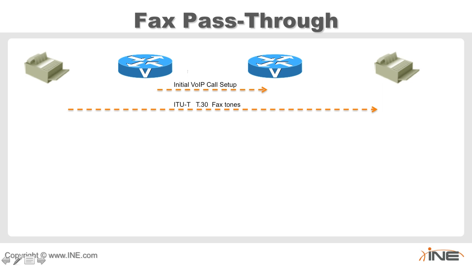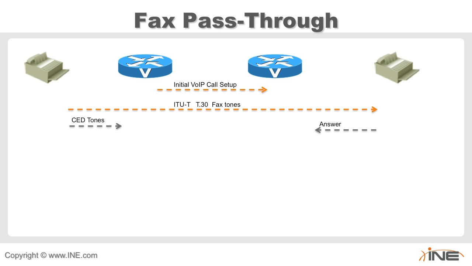Whether these are CUCM gateways or just routers, we need to get the signal from one side, which is hearing the information, to the other. Either it samples it and turns it into voice over IP, or it hears it and turns it into relay. Right now, we're sampling it, which is what pass-through is. So we send it in the actual G711 codec, then on the other side remodulate that to audible frequencies for the terminating fax machine. The fax tones are carried in the RTP codec of G711.